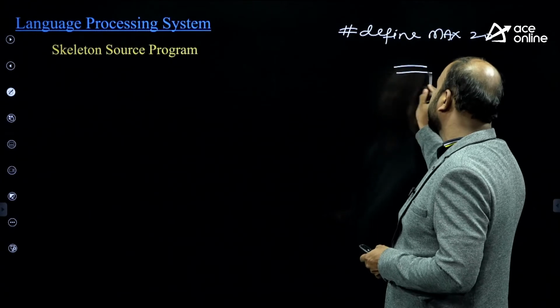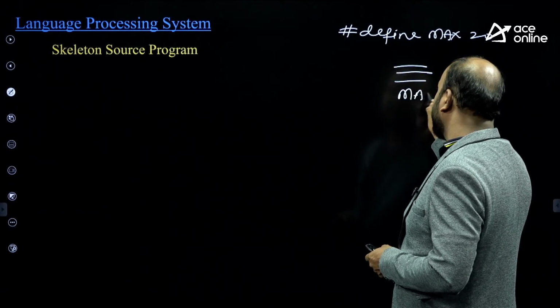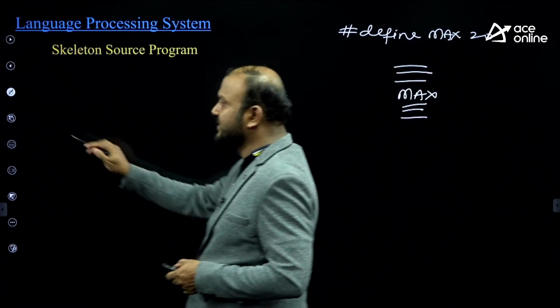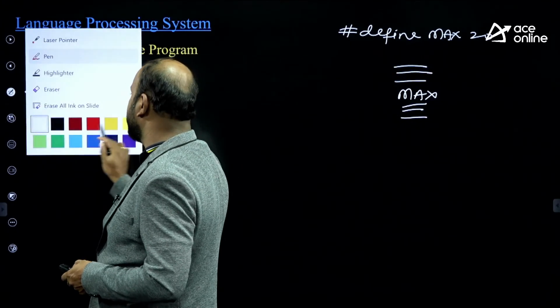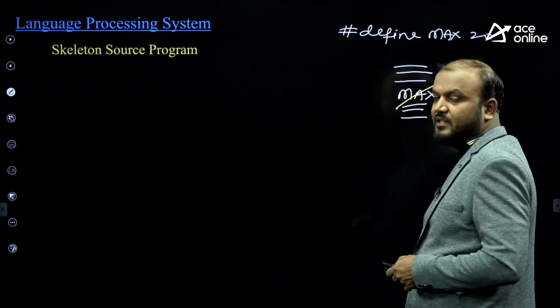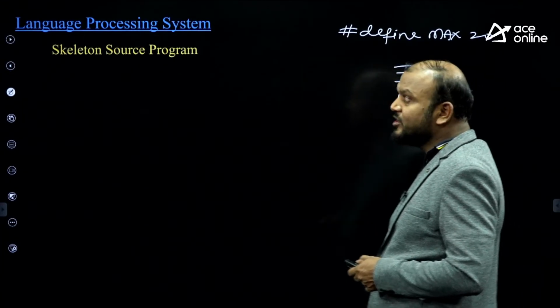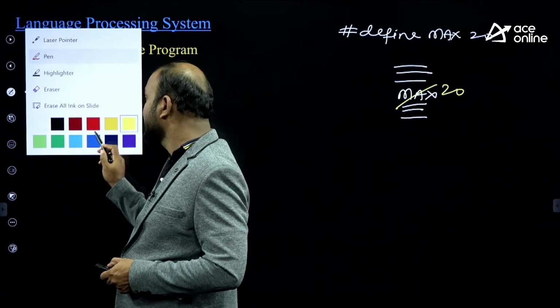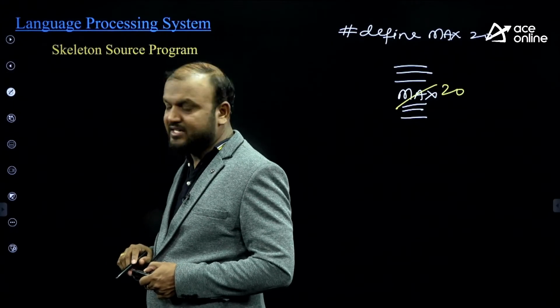Wherever in the program we have the macro max, that is going to be replaced with the value 20. Fine. So when is that going to be replaced with value 20? Before compilation, not during the compilation.